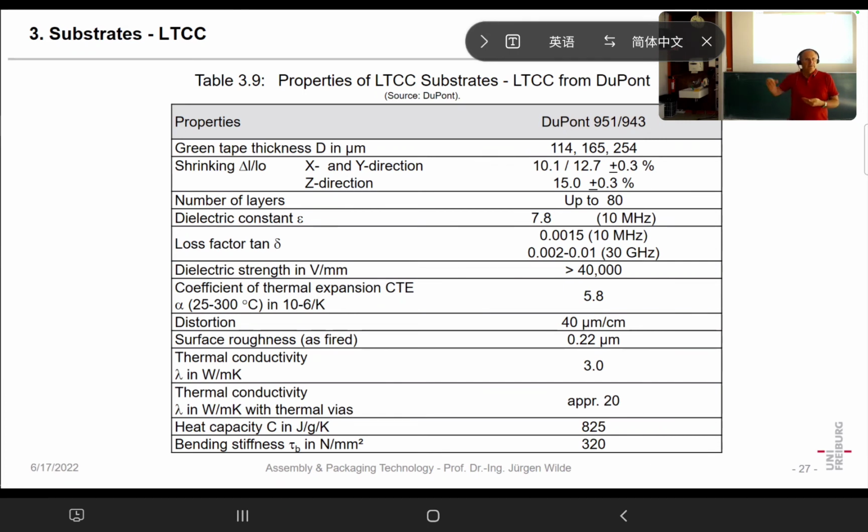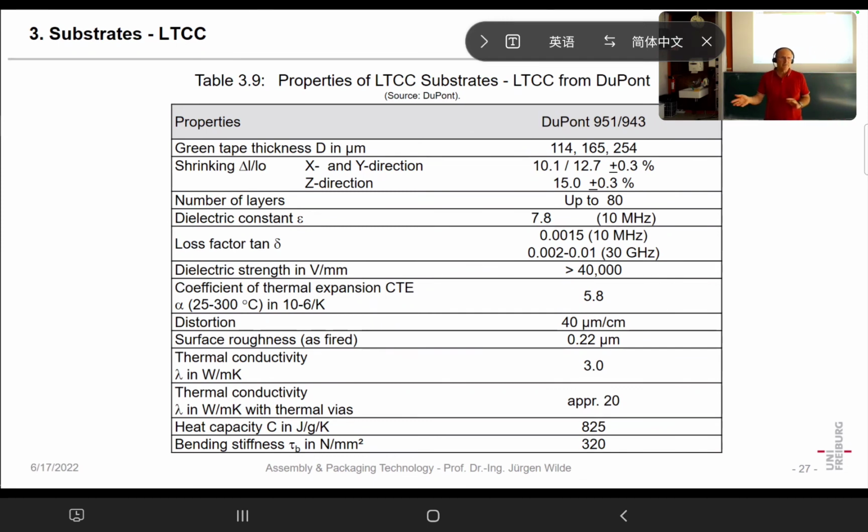For instance, one of my PhD students uses LTCC material, which is matched precisely to silicon. So in the range, for instance, let's say the silicon has, I think, 3.1 ppm per Kelvin over that range, and the ceramic material has 3.2. Yeah, so that's how accurate that can be done.